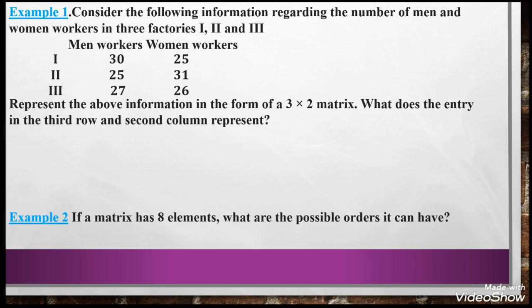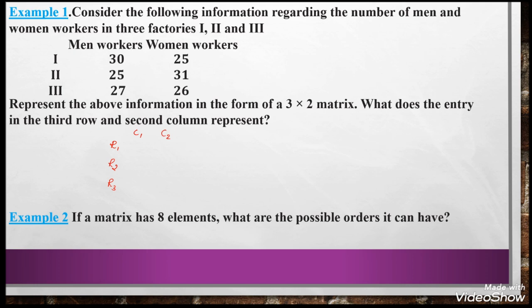We have to represent all the information in a matrix, in the form of 3 cross 2. 3 cross 2 means we have to take 3 rows, that is R1, R2 and R3, and two columns, that is C1, C2.